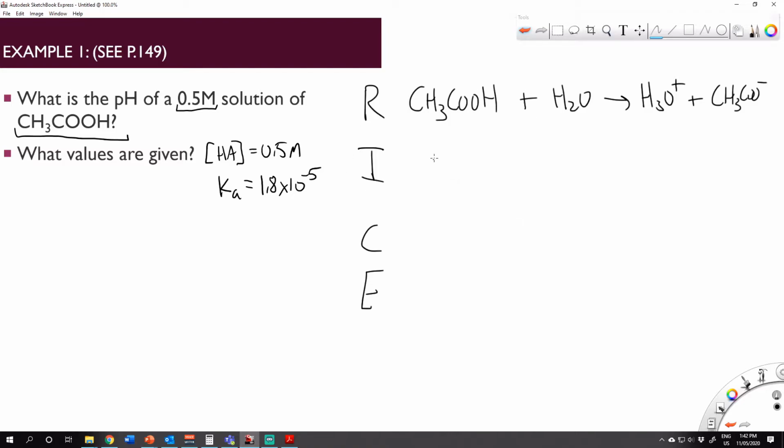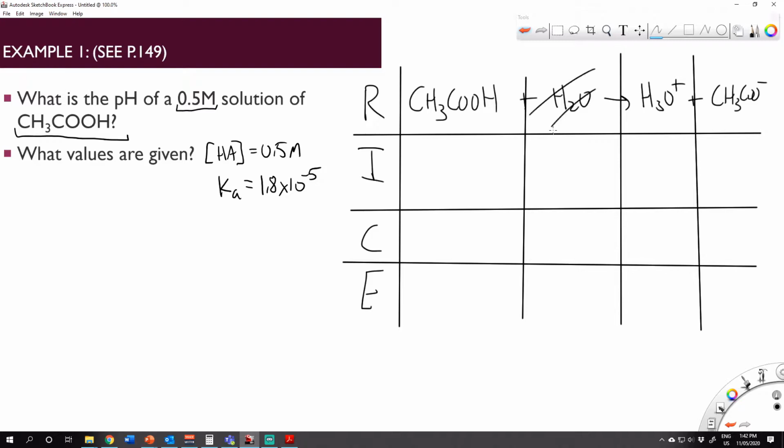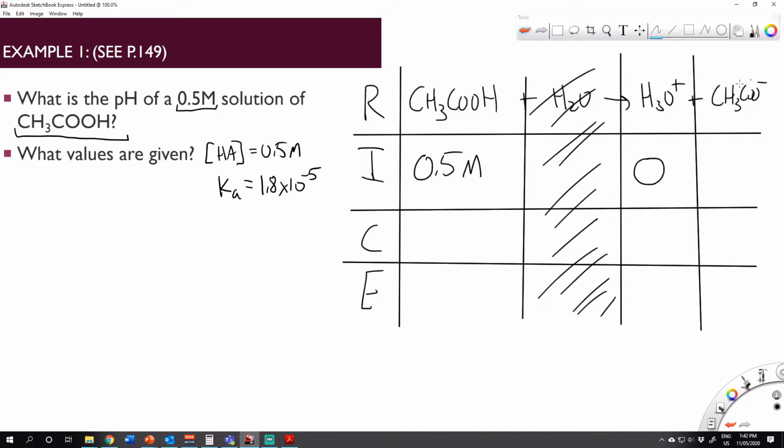All right, initial conditions. Let me just finish out the table so everything is nicely separated. This column we don't care about because water doesn't actually affect the equilibrium calculations, being a liquid. The initial conditions: we have 0.5 molar acid, H3O plus is 0 and conjugate base is 0.